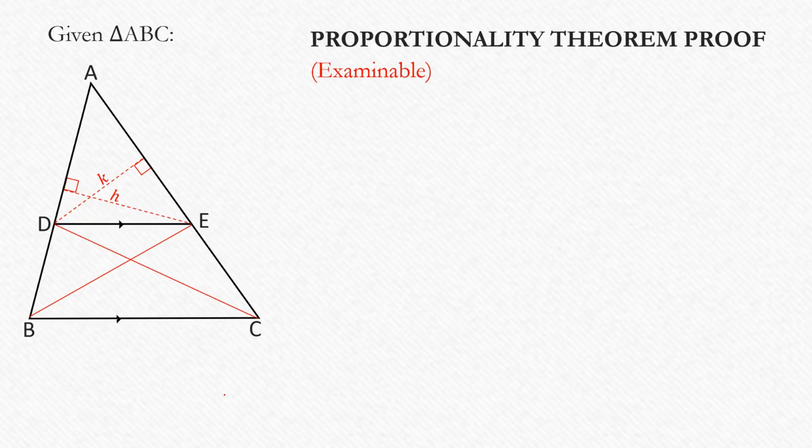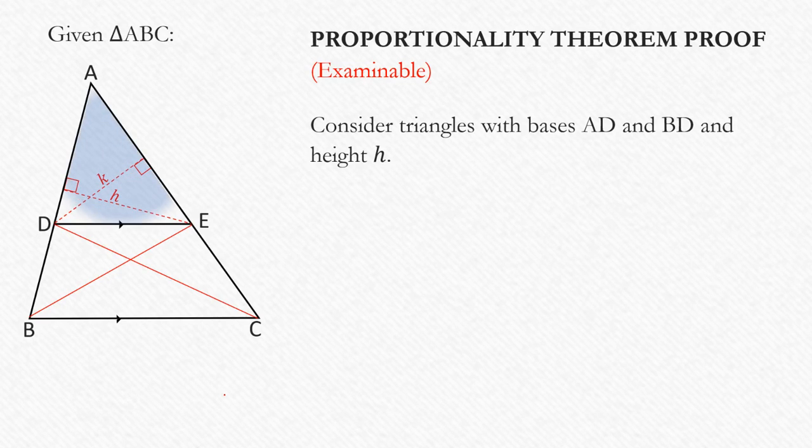Now consider triangles with bases AD and BD, and the height is H. Their height is H. And then remember, what is the area of a triangle? It's half times base times height.